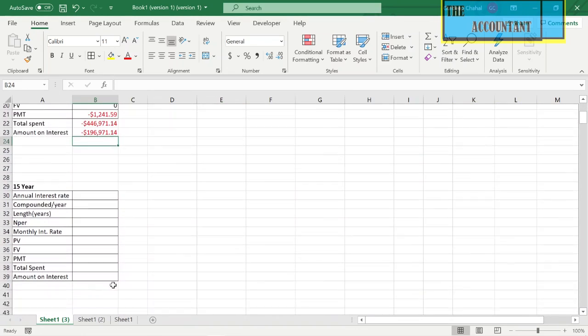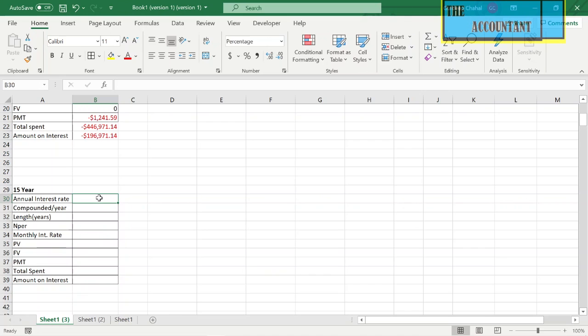Now, if you want to do that again for the 15-year one, the rate is the same. It's compounded 12 times a year, except this one is for 15 years. So equals this cell times this cell gives us 180.